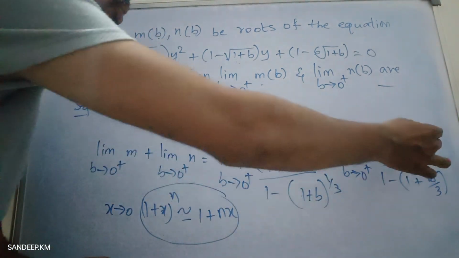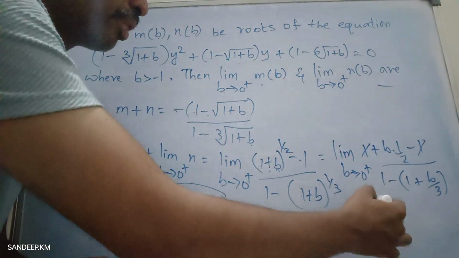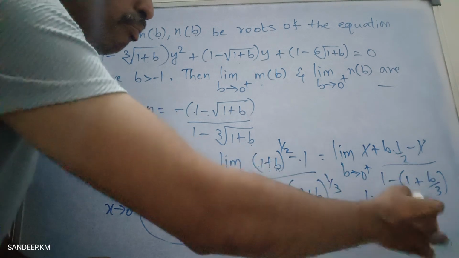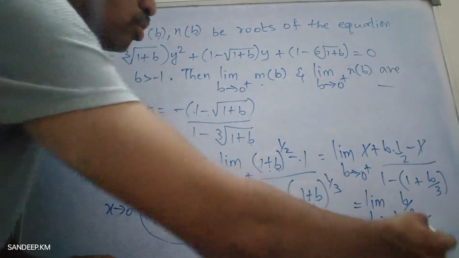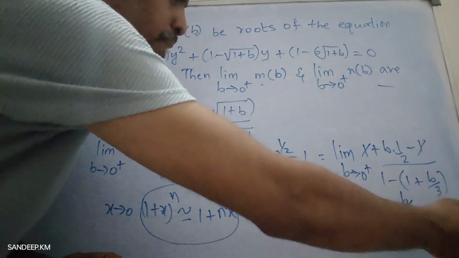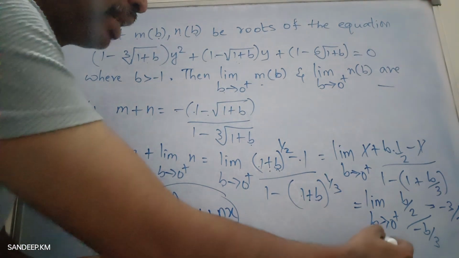So plus 1 minus 1 gets cancelled, plus 1 minus 1 gets cancelled, you will get limit b approaches 0 plus b by 2 divided by minus b by 3. So again b and b get cancelled. What do we get here, students? Minus 3 by 2.